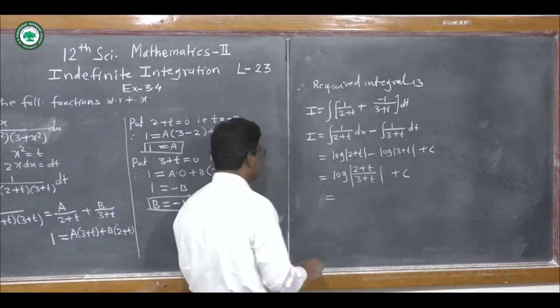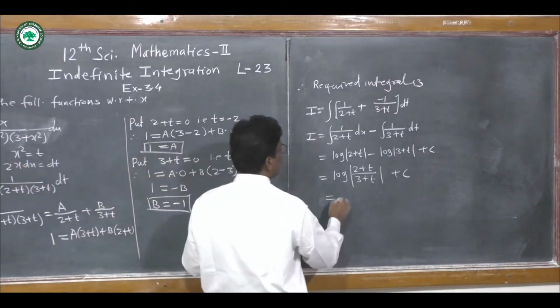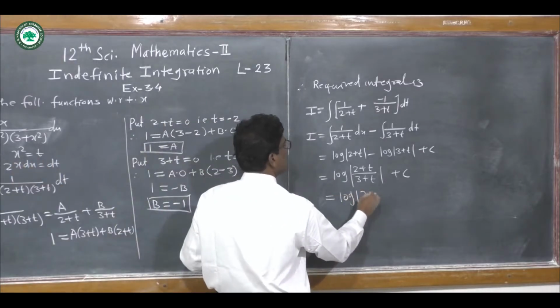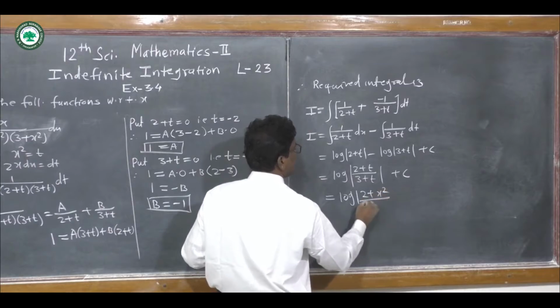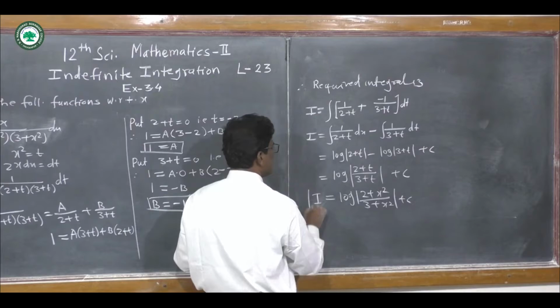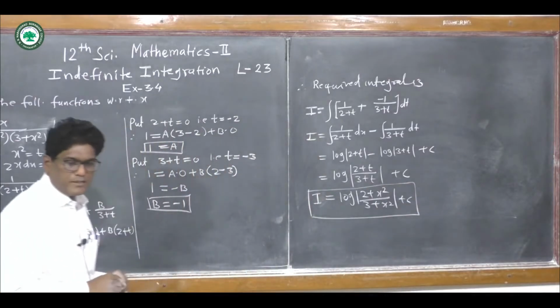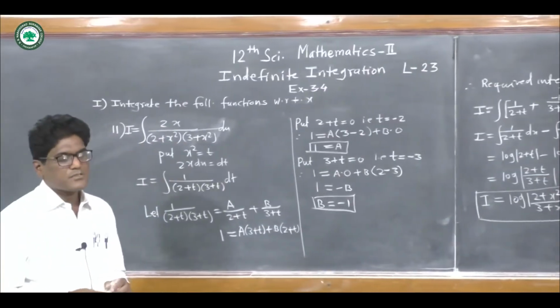Now again put the value of t. T is x square. So log of (2 plus x square) divided by (3 plus x square) plus constant of integration, and this is the final solution. Highlight this solution and take the screenshot of this solution.